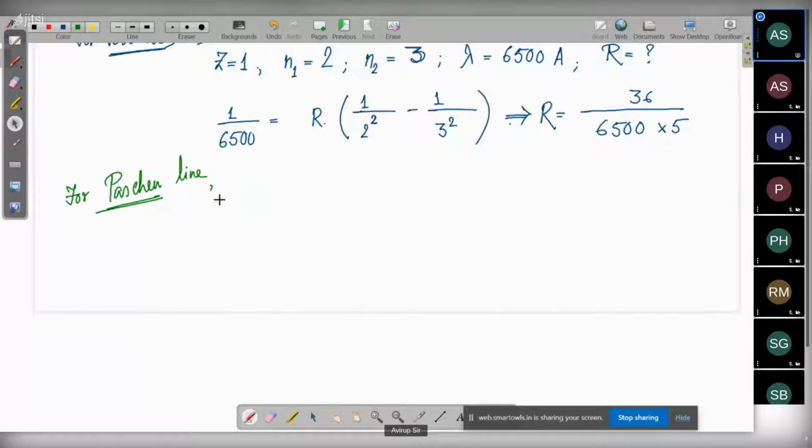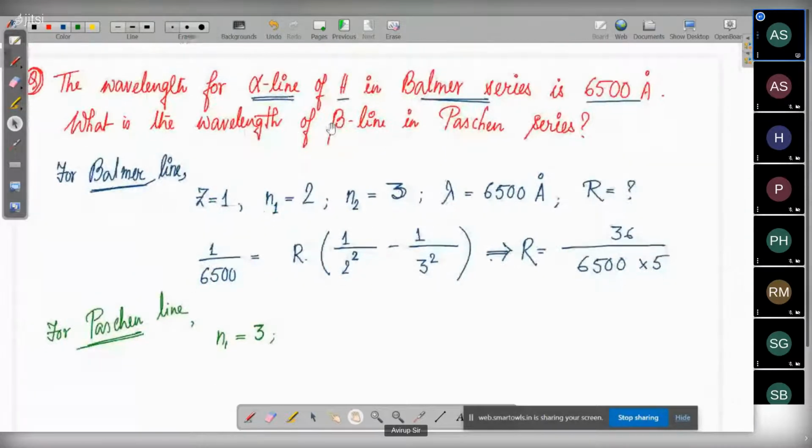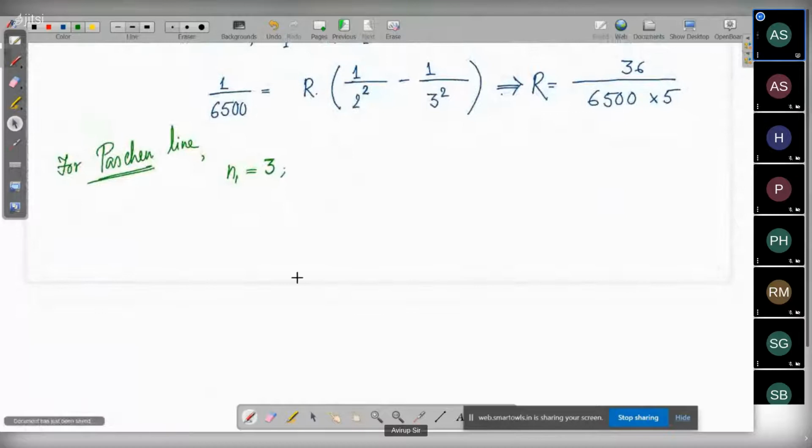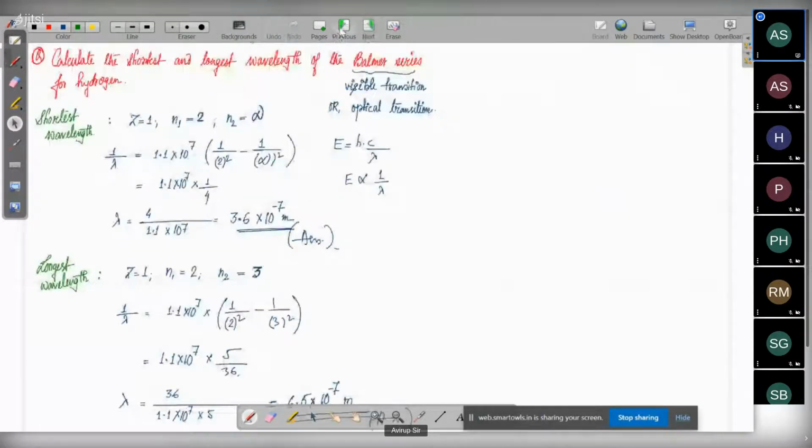For Paschen line, the value of N1 is 3. And it is said beta line. Beta line means it is the second line, so the value of N2 is 5. We covered this alpha beta concept in the previous class.